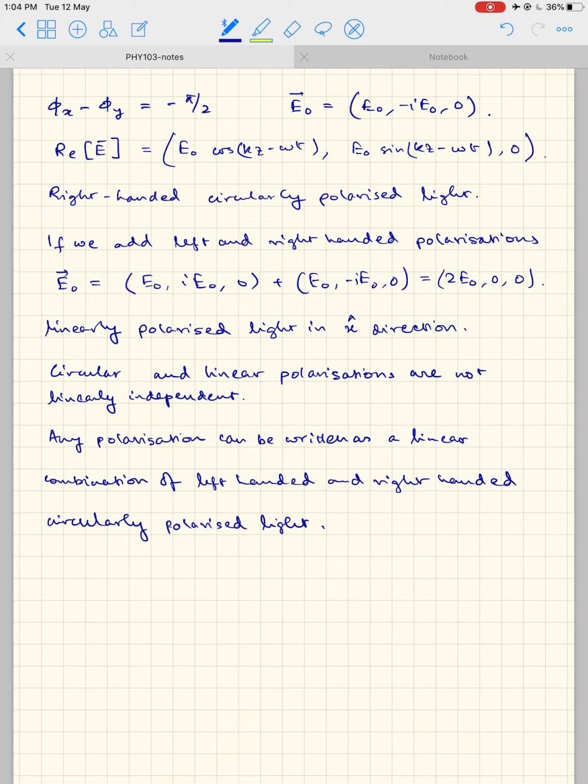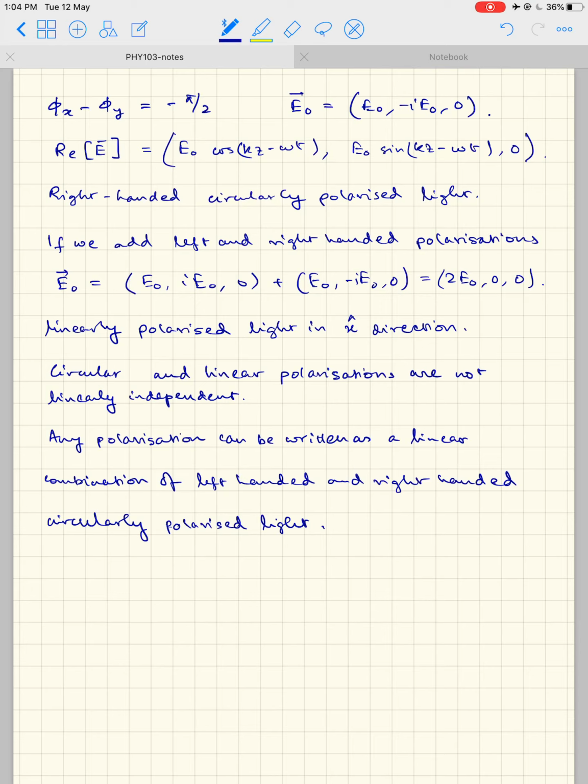Circularly polarized light has some angular momentum, with one sign for the left-handed and one sign for the right-handed light. Linearly polarized light carries no angular momentum.